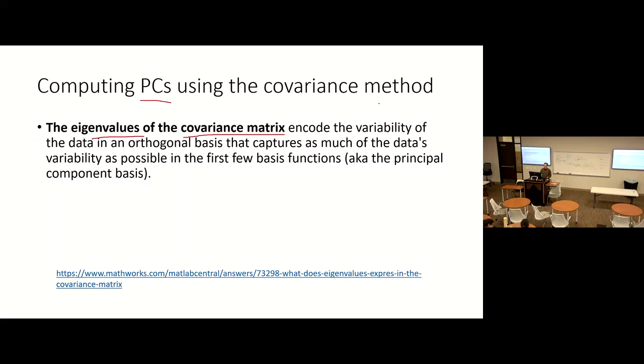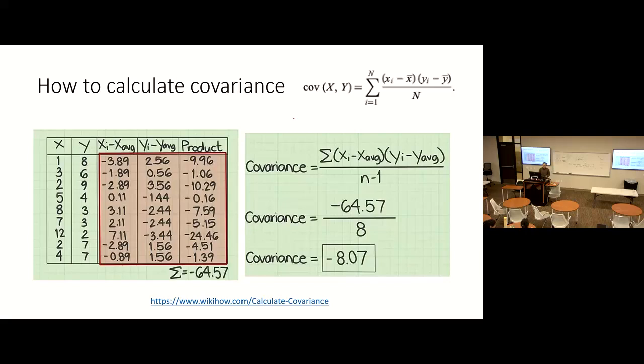So we need to revisit how to compute the covariance matrix, okay? This is a covariance matrix, the covariance between two variables. Consider them as two genes, then you have those different cells.